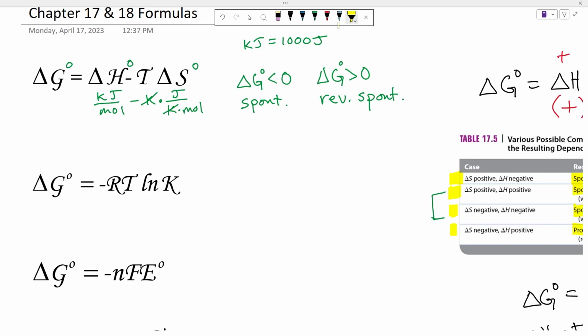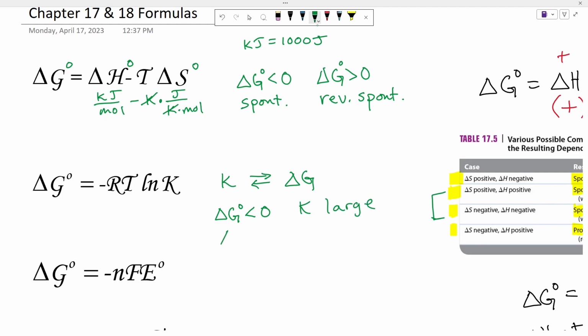So looking at the next one, this basically allows us to simply convert between K, the equilibrium constant, and delta G. That's all. And we can also relate these two in another way. If standard delta G is less than 0, then K is large.